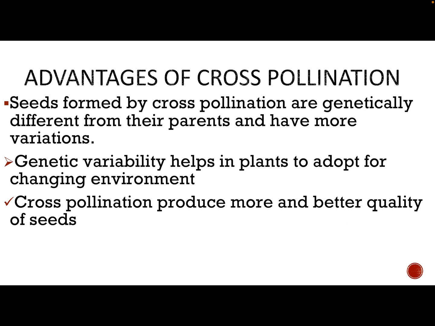Genetic variability is a very important thing for any species. Cross pollination produces more and better quality seeds. Why? Because they will have the genetic characteristics of 2 plants, the chromosome difference of 2 plants, so their seeds will be of better quality.